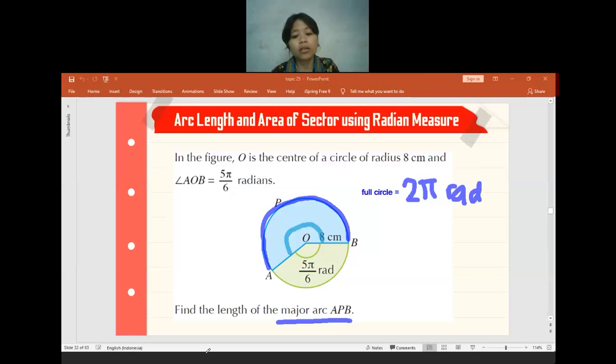Okay then. Full circle, how many radian? 2 pi. If I use degrees as the unit of angle, one circle is 360 degrees, right? If the smaller angle is 100 degrees, the bigger angle will be how many degrees?